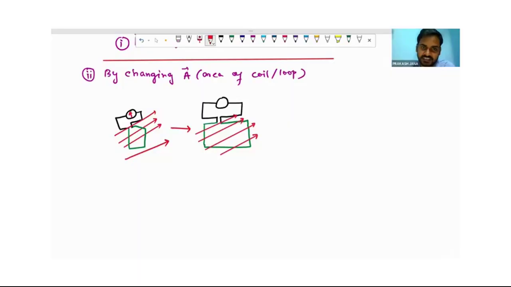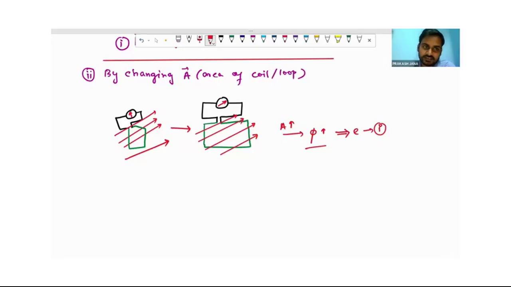I keep the magnetic field constant, but I change the cross-sectional area. This leads to a change in magnetic flux, and this change in magnetic flux gives induction, or EMF will be induced, and this will give current. When this current flows through the galvanometer, there will be a deflection of the galvanometer.